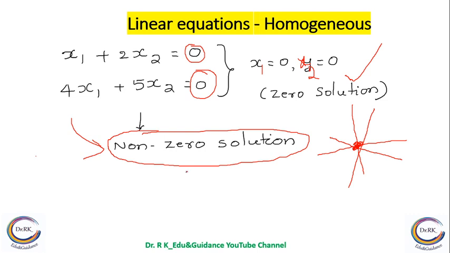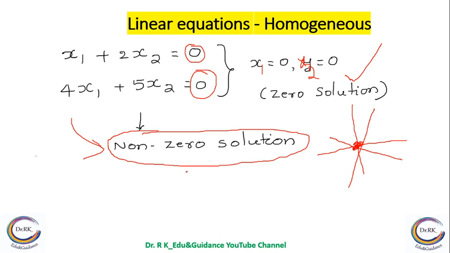That's why there won't be any case saying that a solution doesn't exist, that is, inconsistent. There won't be any case which says the system is inconsistent when we attempt a homogeneous system of equations. I hope this is clear.